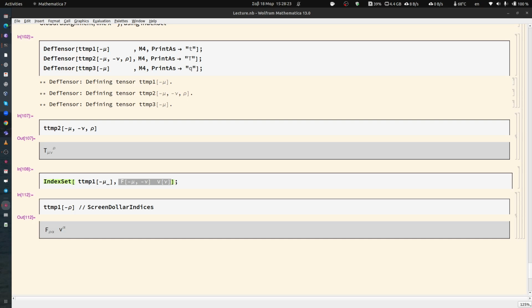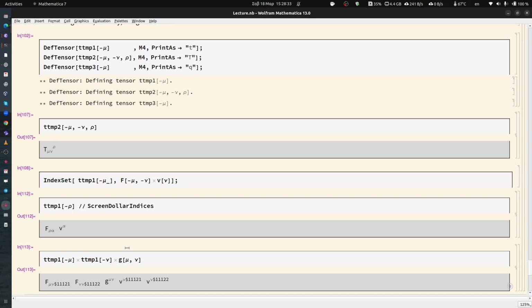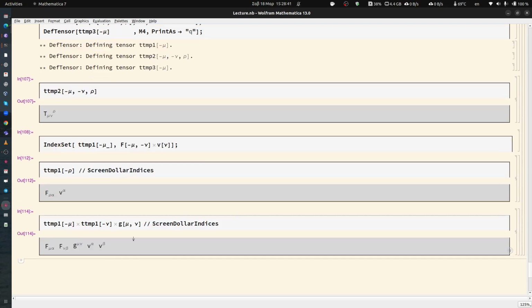So let's write a more complicated expression. Again, let's screen the indices. So you see that each instance of the tensor TTMP has been replaced by FV.